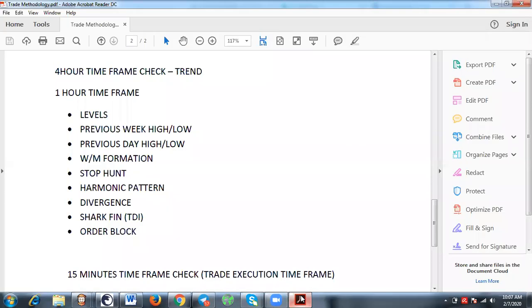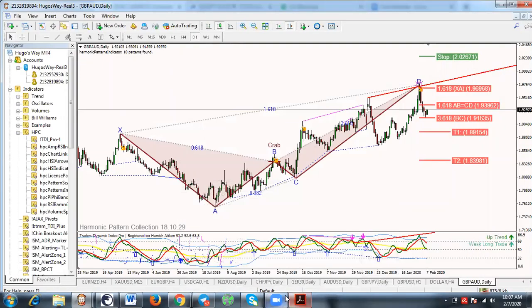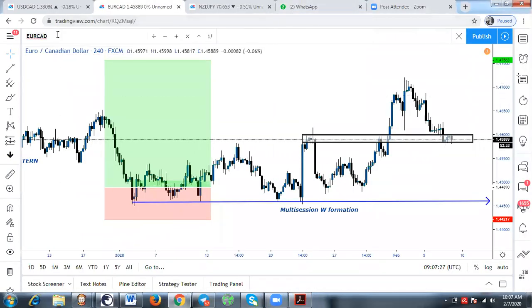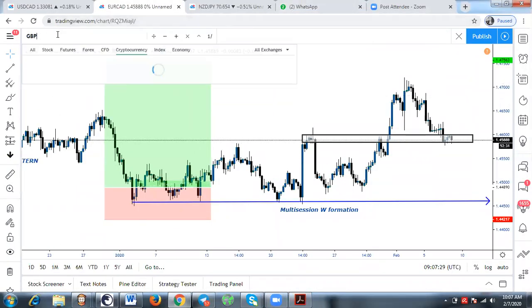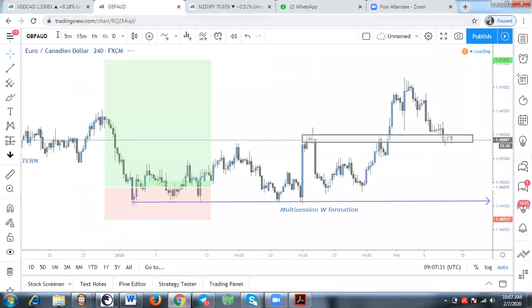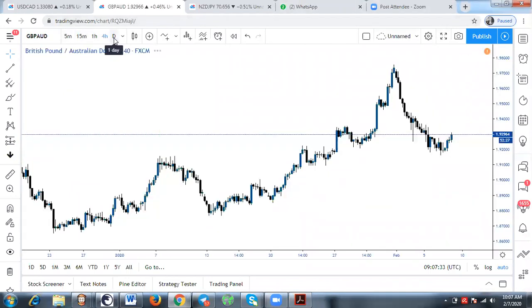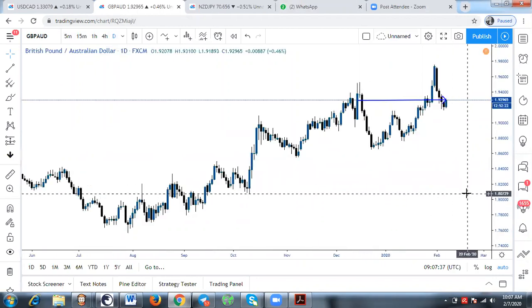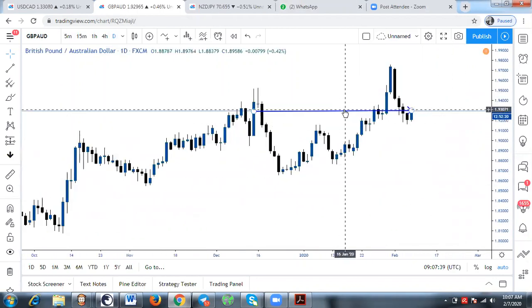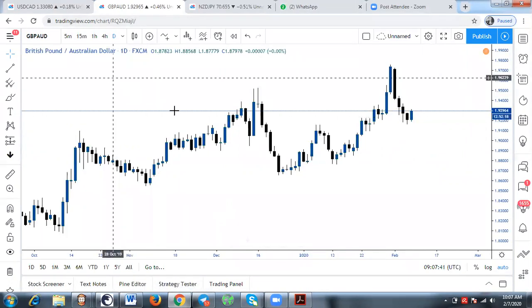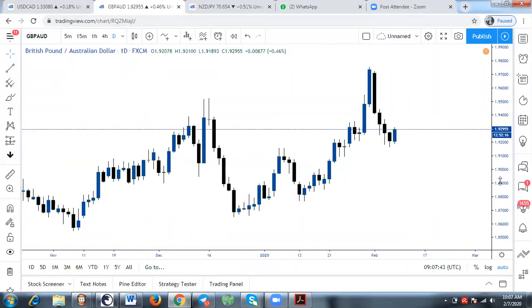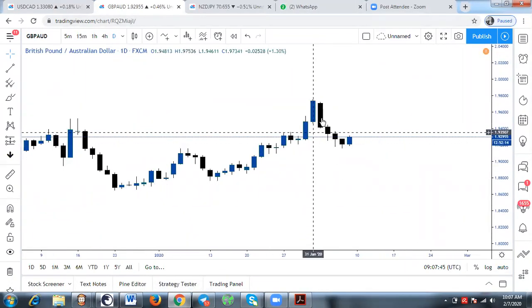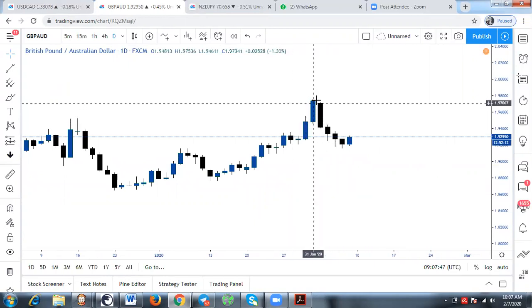Let's check for another one. We're going to look for the previous day high and low. We're going to look out for order block. So let's check out, do we have any sort of order block on the time frame? That pattern came on a daily, so yes, we do. Look at this.